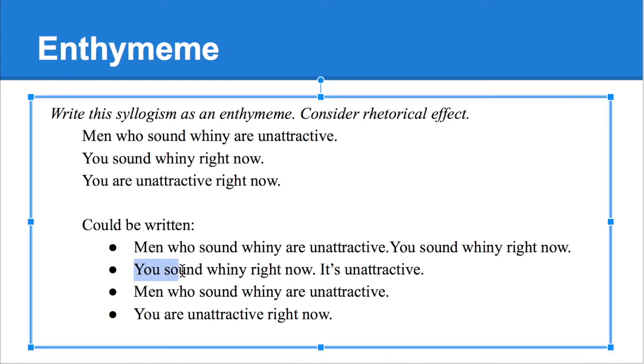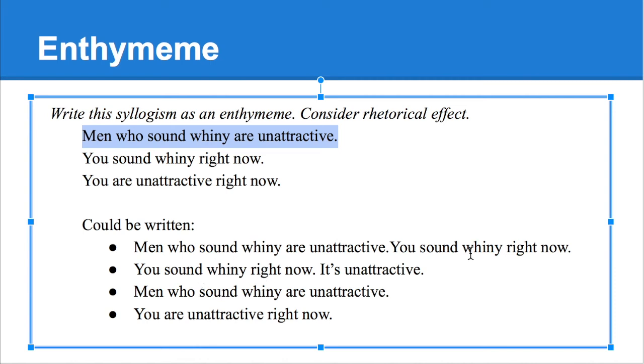You sound whiny right now. It's unattractive. Now this one is more direct. It's just naming what she's feeling and why. And I can figure out what she's leaving out is that it's not attractive to be whiny.